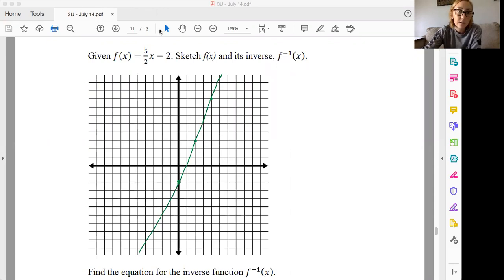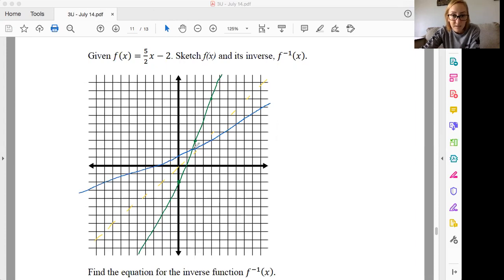We're going to make our visible line of y is equal to x, so that this can change. Okay, the inverse of this guy is going to look something along the lines of this.